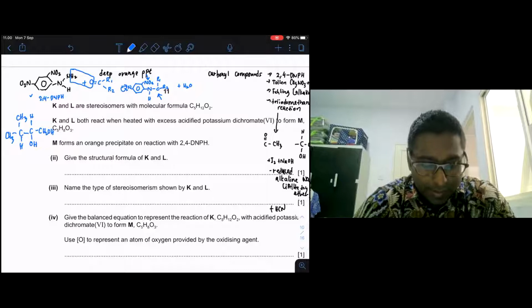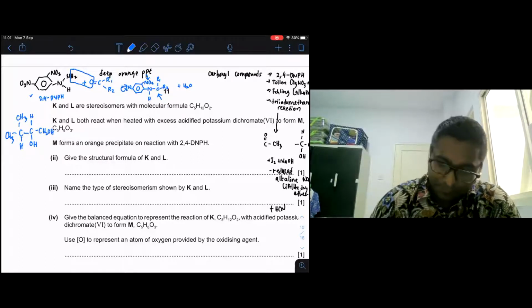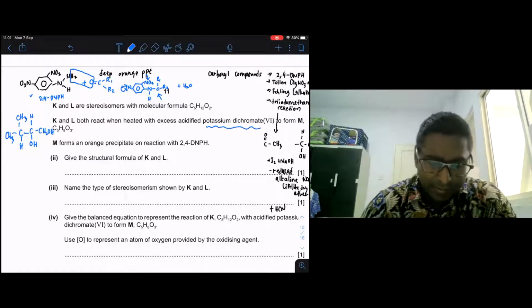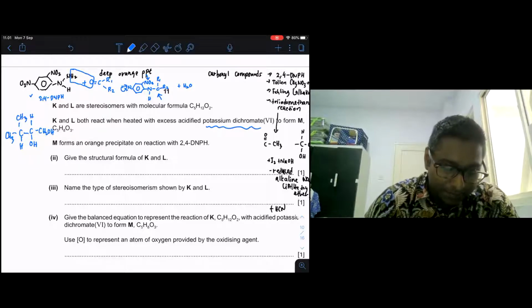K and L both react with heated, excess acidified potassium dichromate to form M. It means when you heat them with this oxidizing agent, they will form M. So let's actually try to oxidize this. This one is a secondary alcohol.